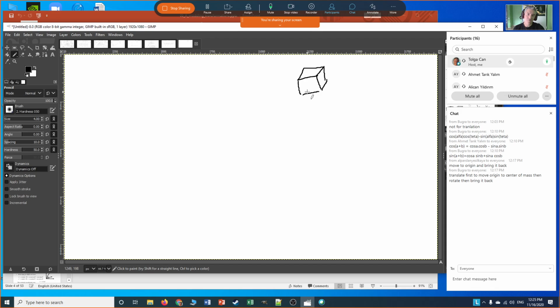Okay, and I want to rotate the cube around this axis. This is the axis of rotation. This is the axis that is given like this, and the rotation is going to be this way, right? If you put your thumb in the direction of the arrow, the rotation will follow your other fingers.